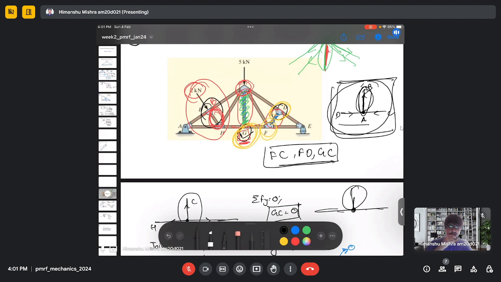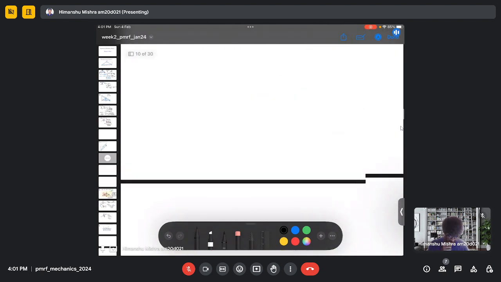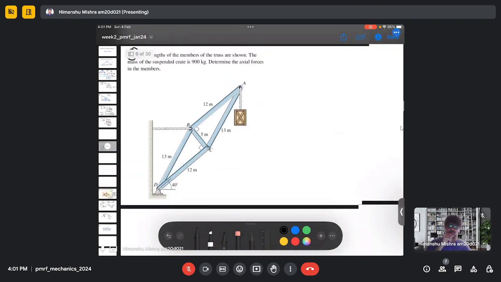So any other doubt? If not, then we can move to the next question. This will be the last question that we will solve by method of section.